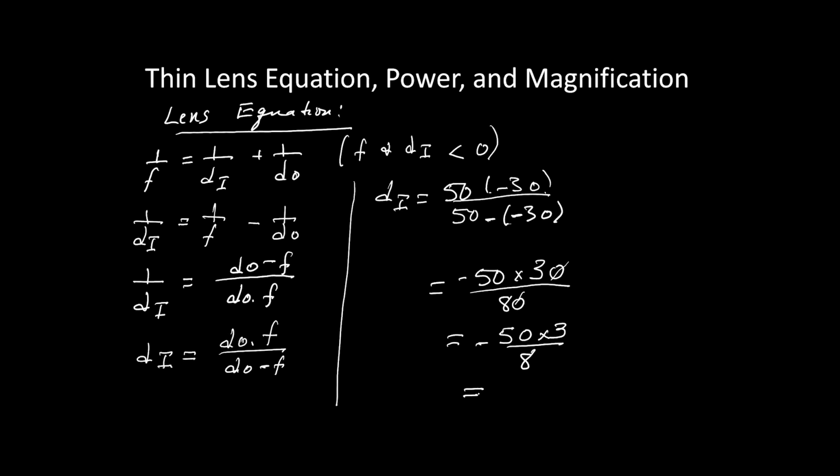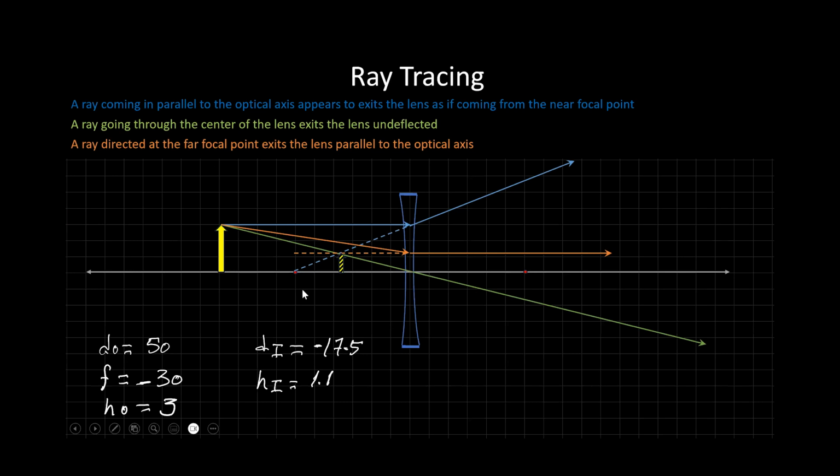So this is negative 150 over 8, and it's roughly negative 18.75 units. Let's look at what we got. Actually, I put here 17.5, but it's closer to 18.